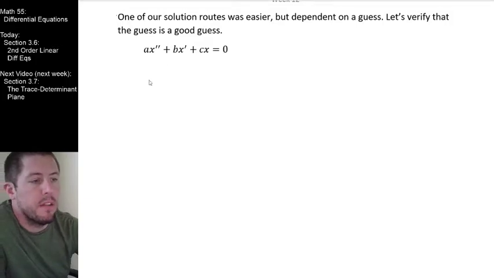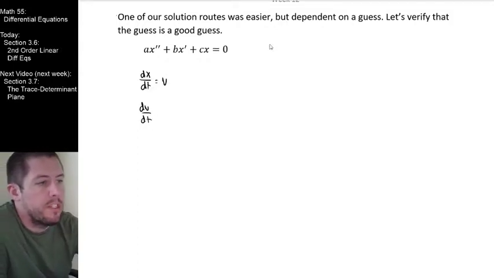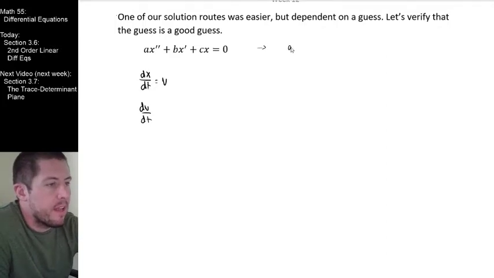If this is my general differential equation, then I'm going to start with my same first step, which is to say dx/dt, I'm defining that to be v. And then our dv/dt, well, we should see here that we can write this as a x double prime is equal to -bv minus cx.